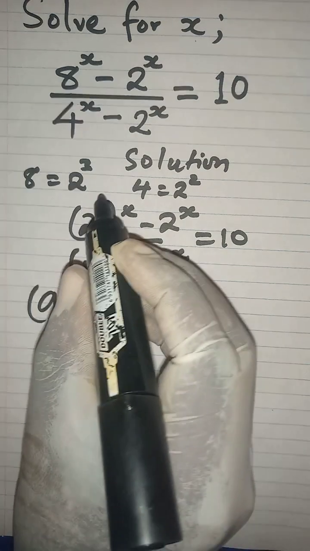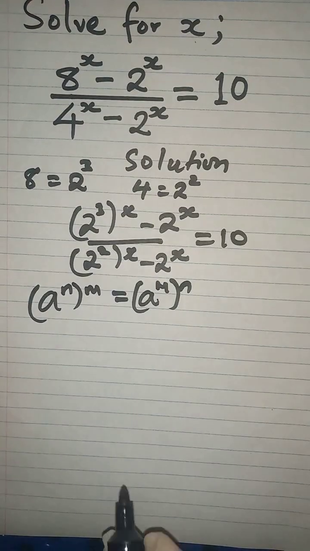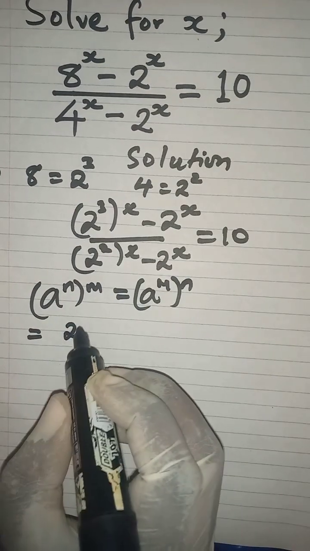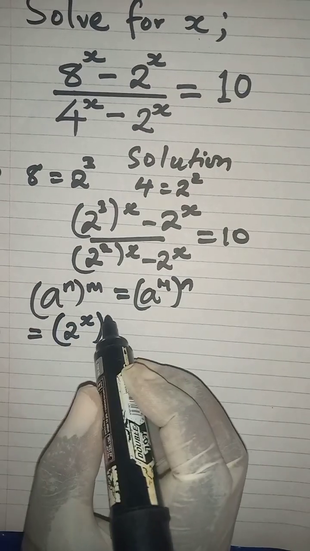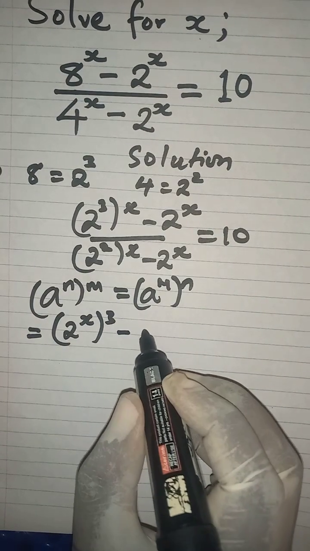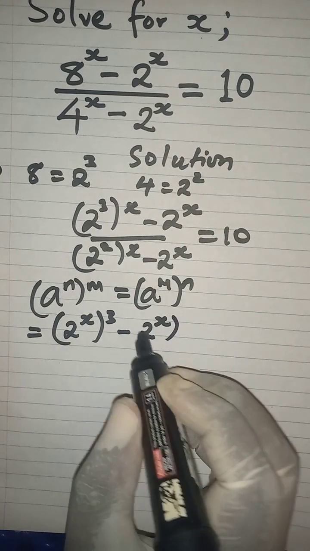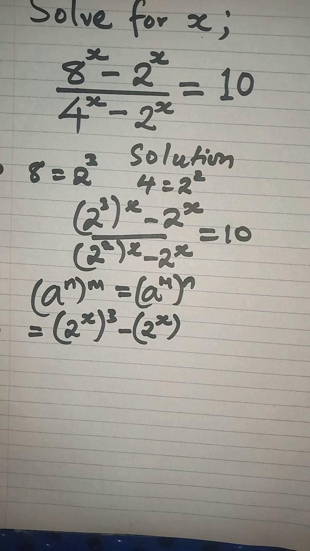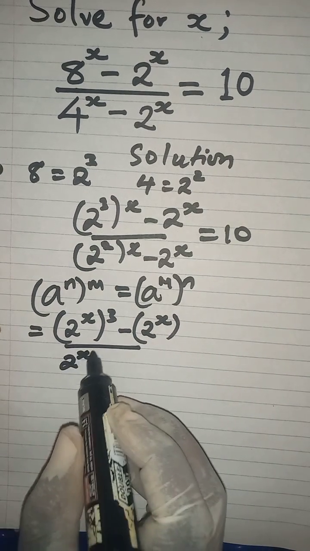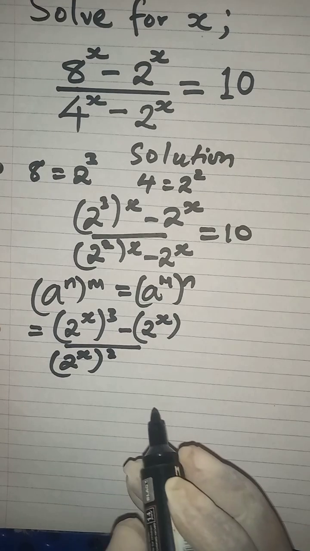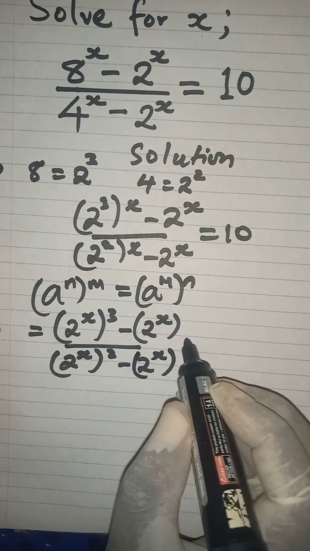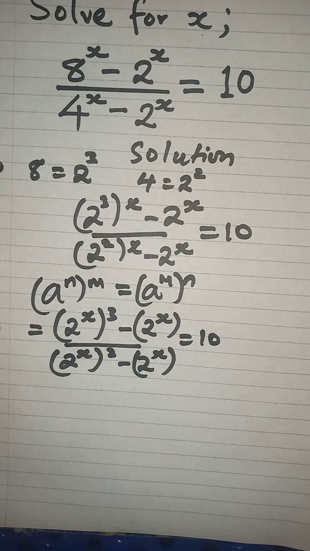So I'll apply that here and here, so that my equation now changes to 2 raised to x, and then 3 comes outside, minus 2 to the power of x. Down I'll have 2 raised to x, and outside I'm going to have squared, minus 2 raised to x should be equal to 10.